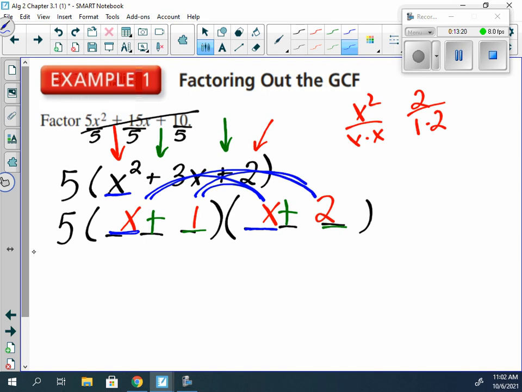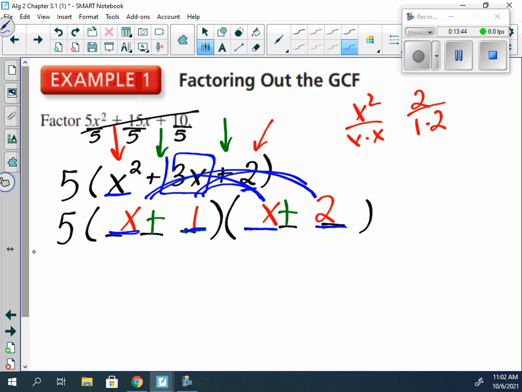So if I multiply them back together, I should get back to x squared. How about 1 and 2? What are the factors of 2, yes? So they should multiply back together to give me the third term, yes? So the only one we're really focused on is the middle term.